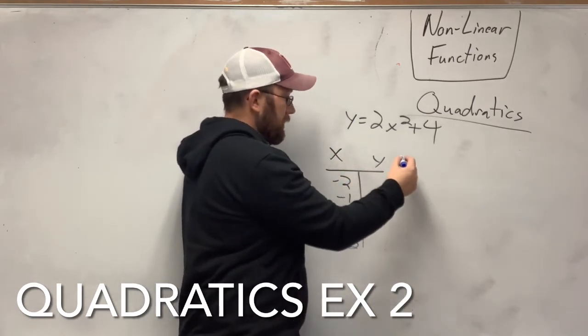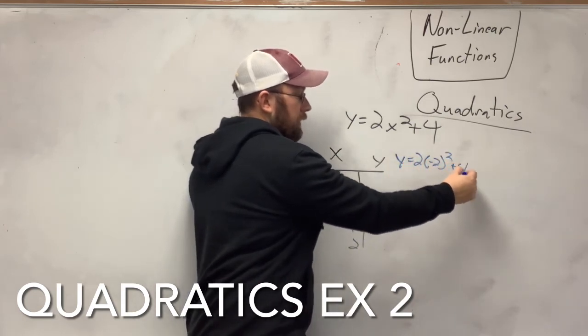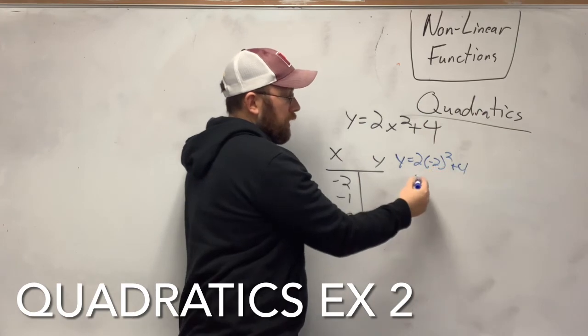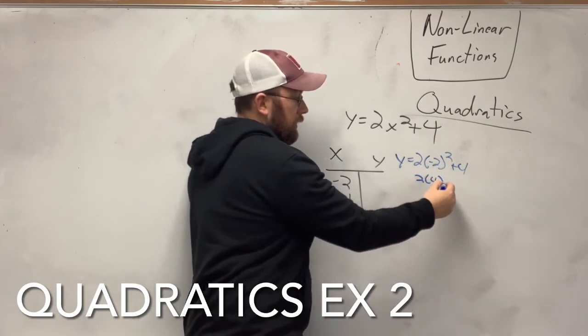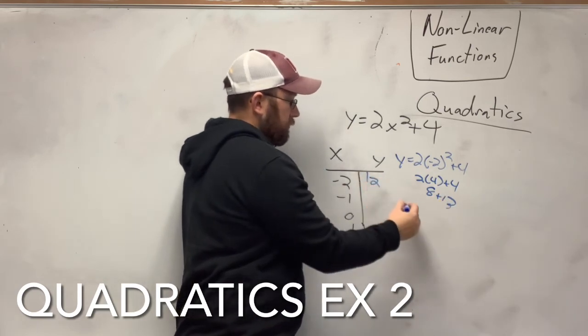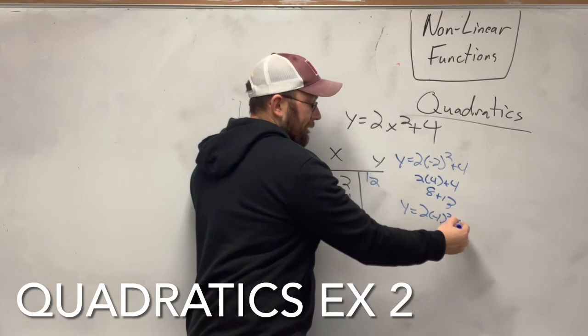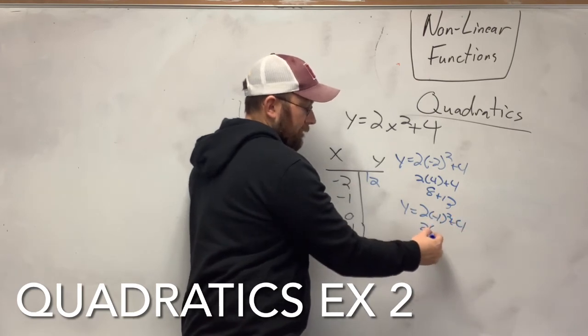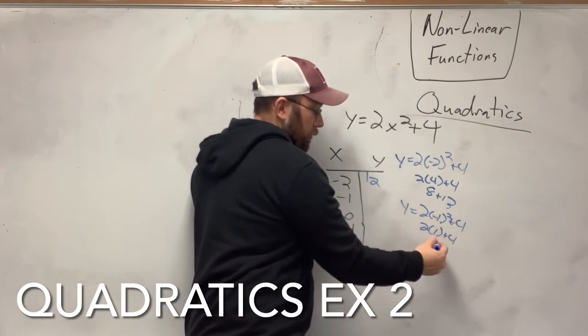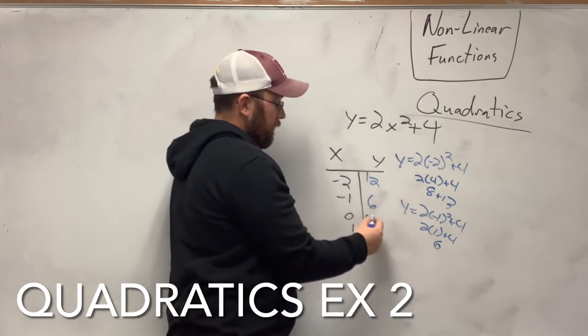So let's plug this in. Go in order of operations. So that's 12. That's 6. 0 gives us 4.